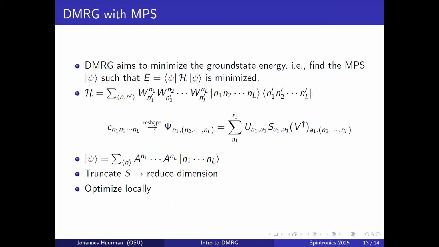So here you have this psi state that is A^n1 through A^nL, and you're trying to minimize the E quantity. Essentially you're trying to do steepest descent. But what this representation of psi gives you is that instead of moving in the dimension space of C, the coefficients, you can move in the dimension space of each A individually.